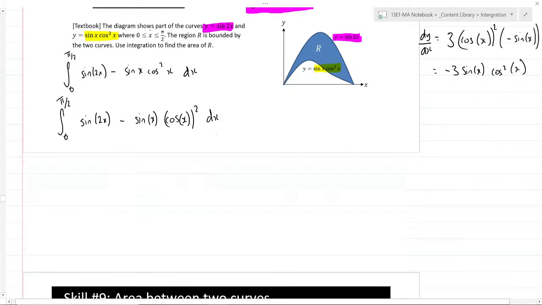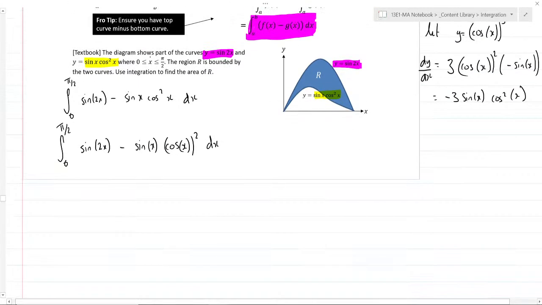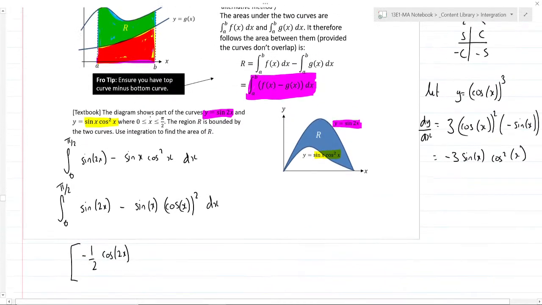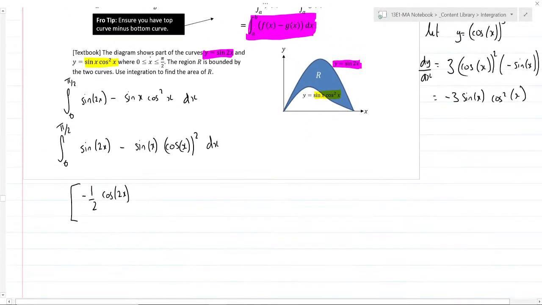So this is going to be equal to minus a half cos of 2x. If I integrate that, we know it integrates to a positive third cos cubed x between 0 and pi over 2.